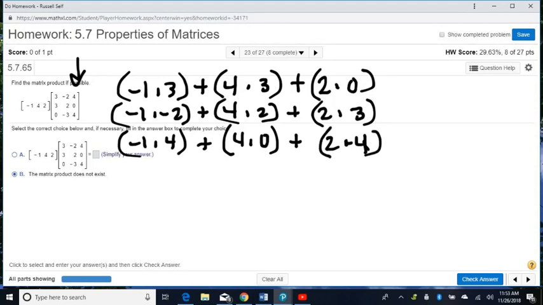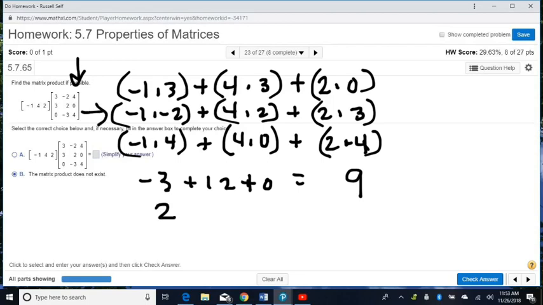Okay. And now that's all the multiplications and combinations we need to do. So -1 times 3 is -3 plus 12 plus 0, which gives us 9. Okay, now we'll do this one.